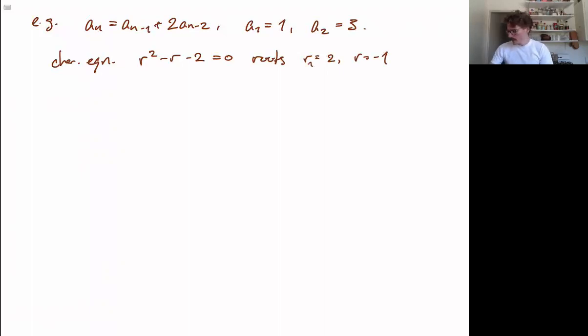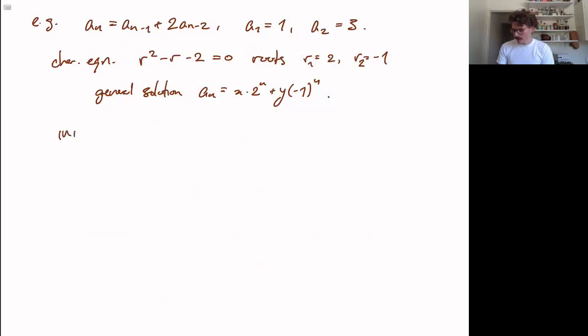We call them r1 and r2. And it has distinct roots. Very good. So we can use our general method to say the general solution is an equals x times 2 to the n plus y times (-1) to the n.